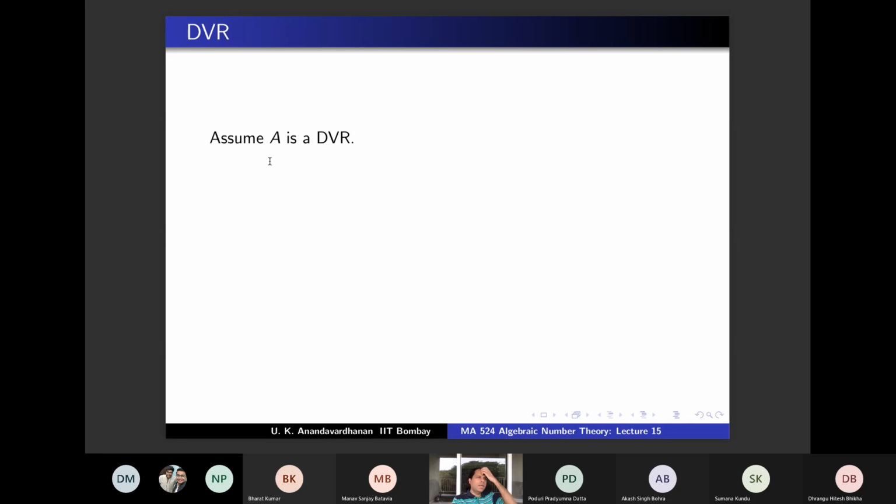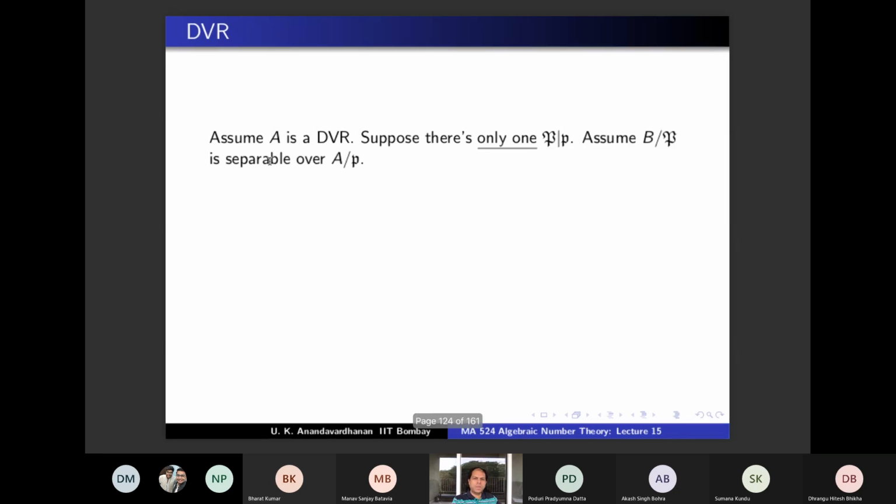Now you remember when A is a DVR, and suppose there's only one prime P above p, this is an extra assumption, and assume that B by P is separable over A by p, our standard assumption, and then we are going to claim that there is an alpha such that B is generated by one element.